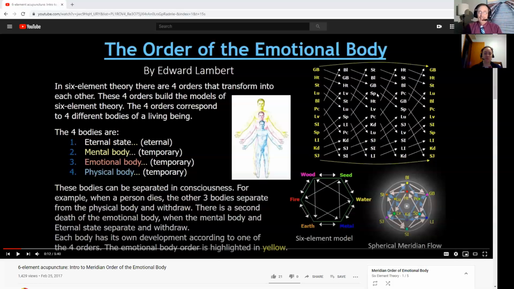Now, the emotional body is when we go to sleep, we begin to dream. And we can actually leave our physical body and go into that dream state and move around. We actually don't have a defined emotional body. When you look at it, it's like an egg shape, or sometimes like a sack of potatoes.